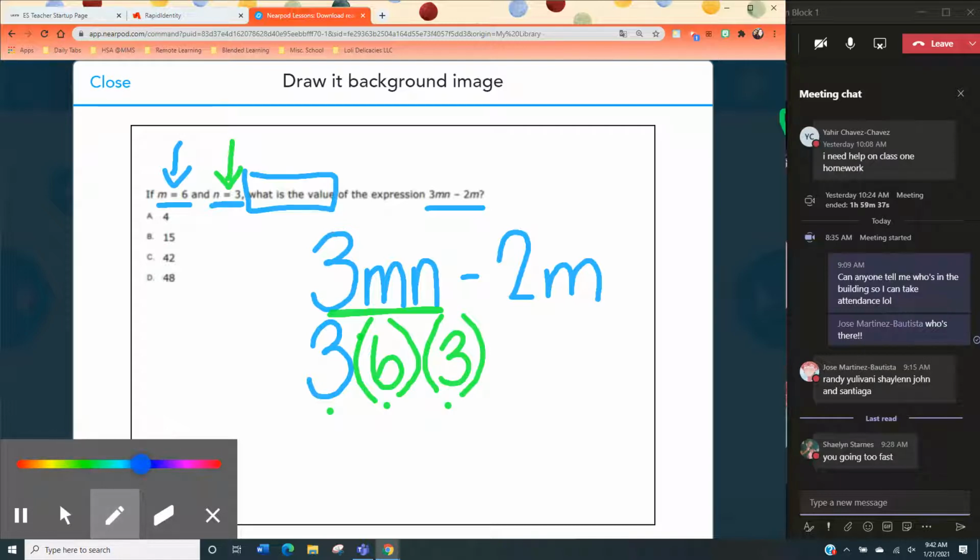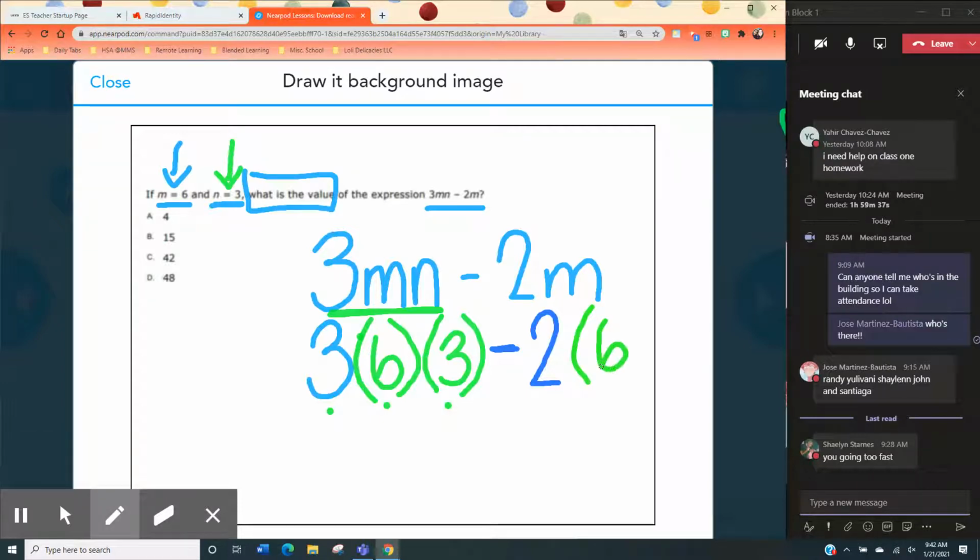I'm not going to work it out until I have it written out. Minus 2, and again, m is represented by 6, so 2 times 6.